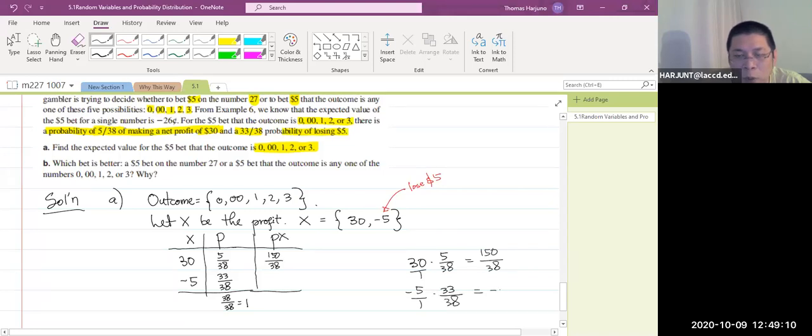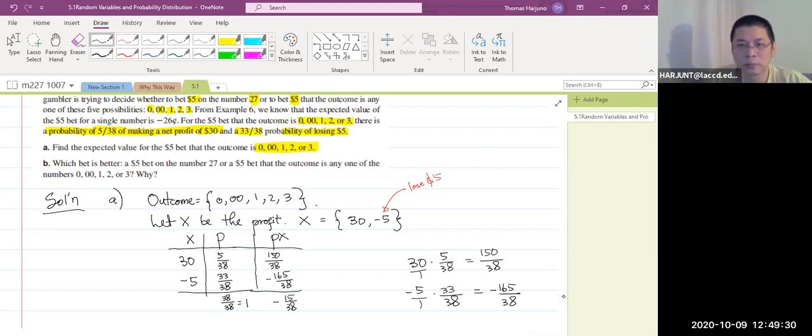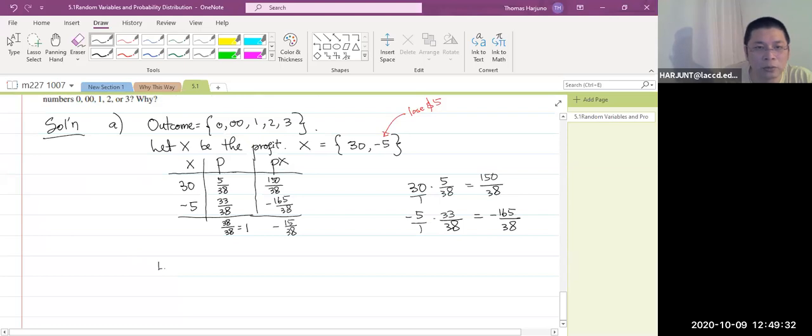That's -165 over 38. Now when I add them, I get -15 over 38. So the expected value of profit, or we call that expectation of X because we define X to be the profit.